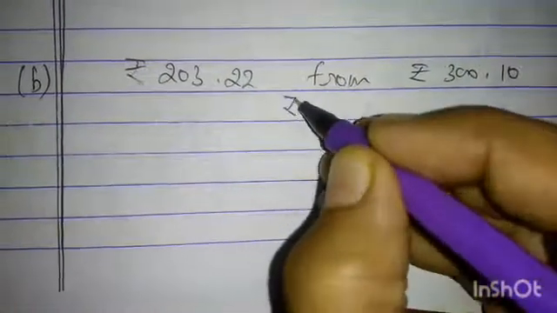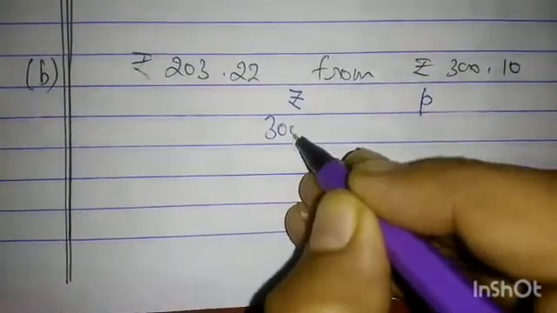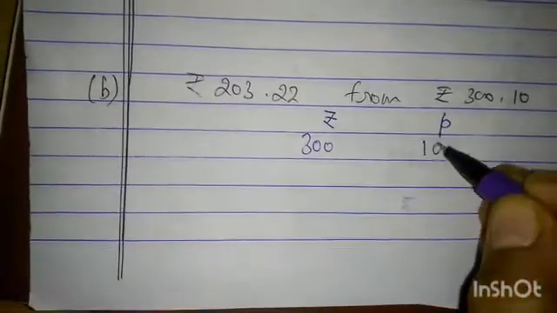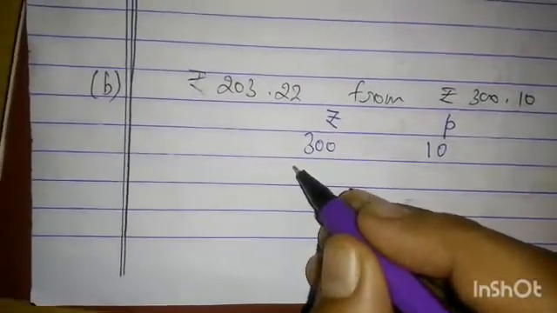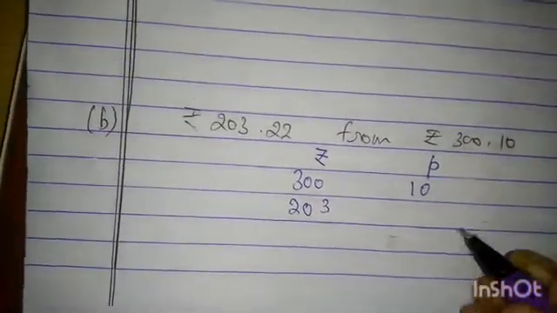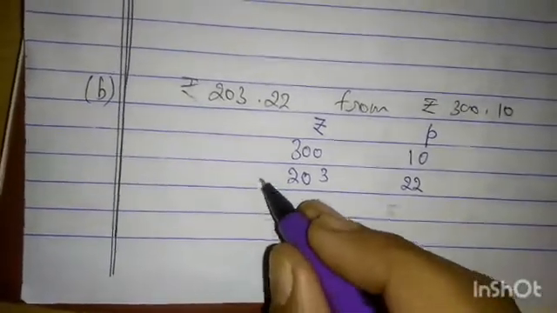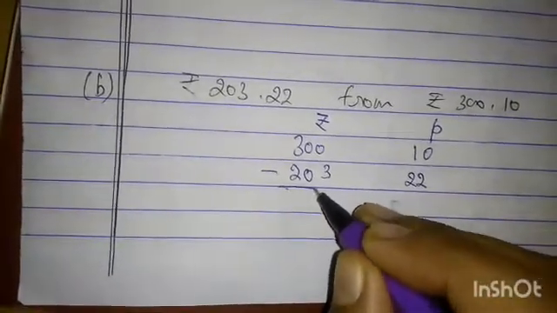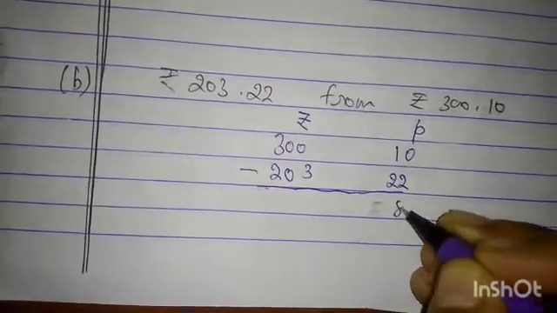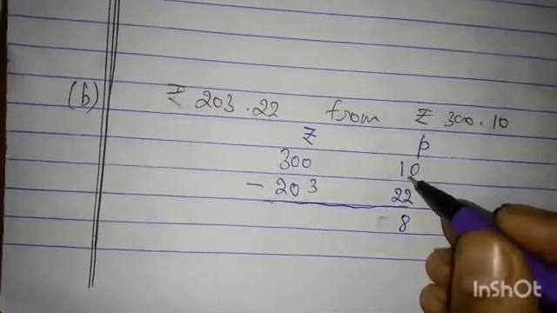Now here again we make rupees and paise columns. Write 300 and here 10 paise. Then here 203 rupees and here 22 paise. Now subtract it with the subtraction symbol. Here 10 minus 2, 8. Here 1, so after giving the borrow it makes 0.